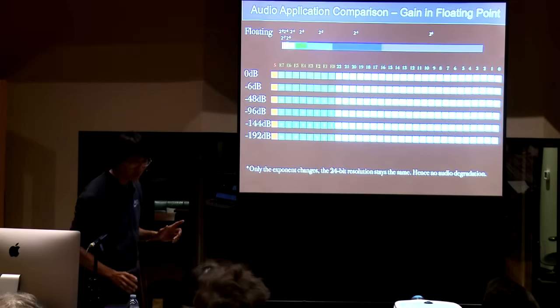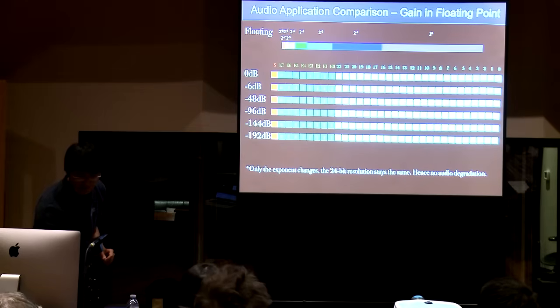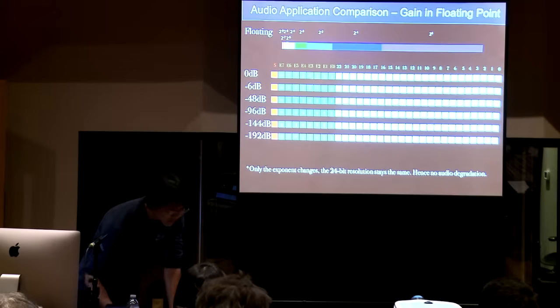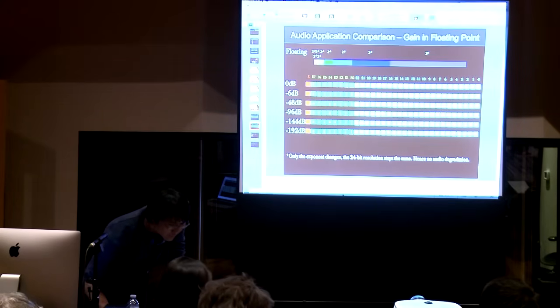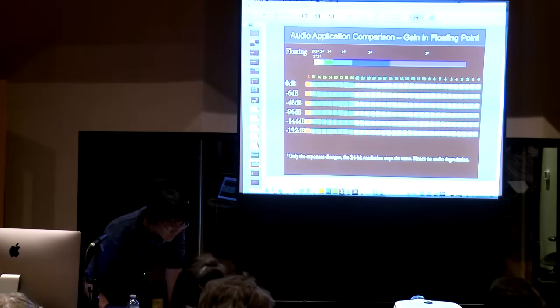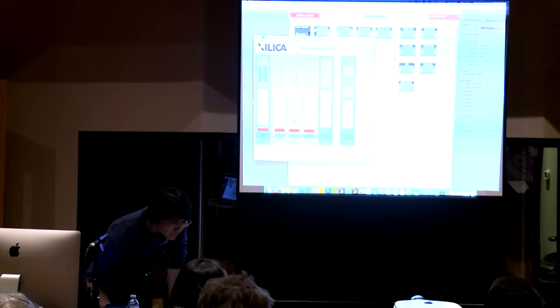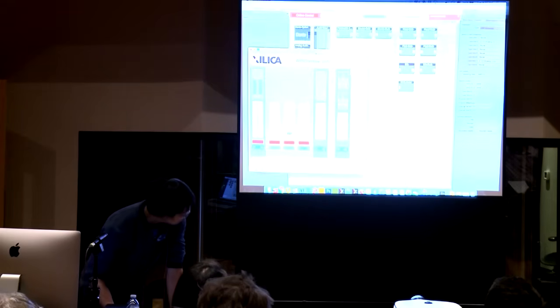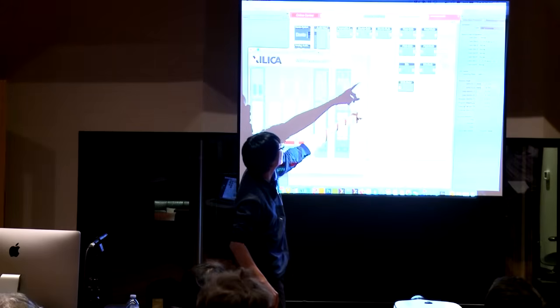Okay, so now maybe we'll do some audio demonstration instead of me talking. So let's go up here. So we use the QR and design this schematic.